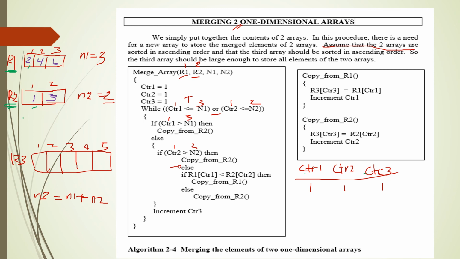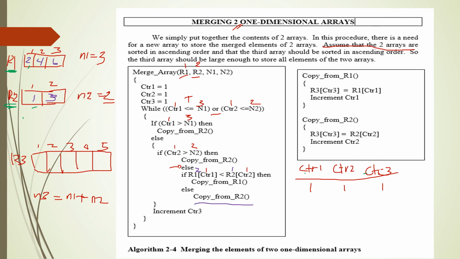Else, so we have R1, counter 1 is 1, counter 2 is 1. R1 sub 1 is 2. So, 2. R2 sub 1 is 1. Is 2 less than 1? Okay, false.